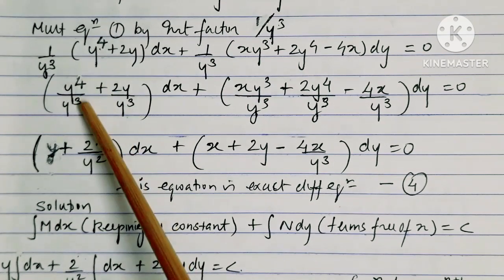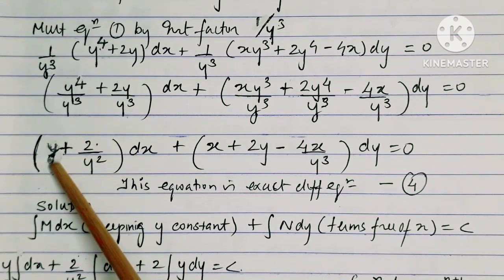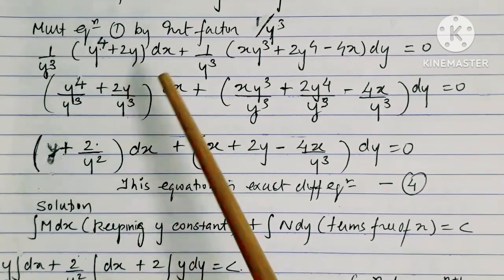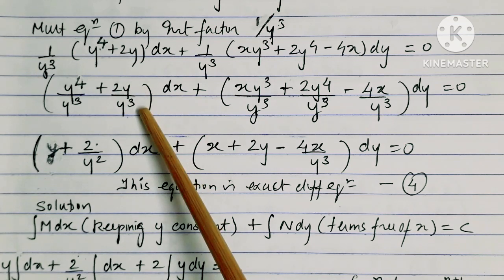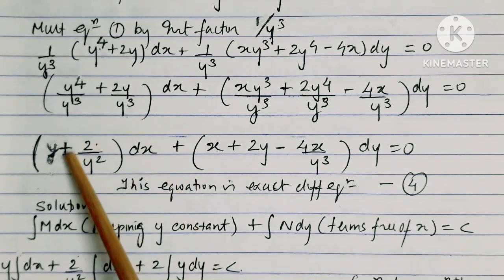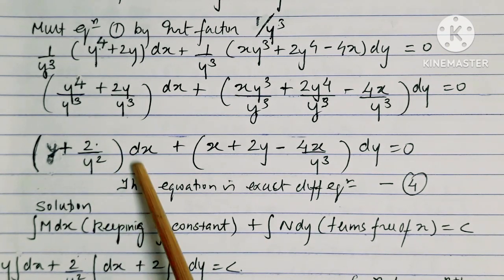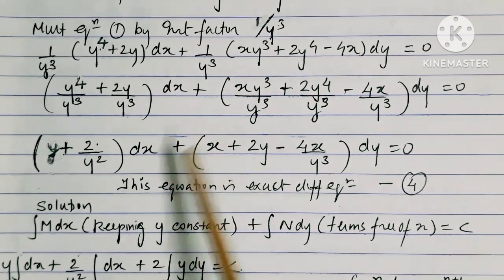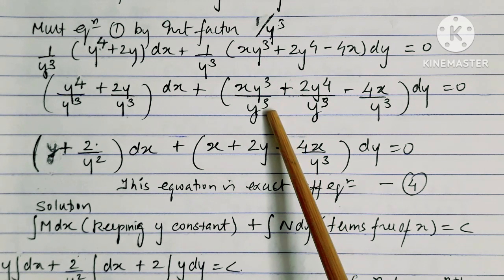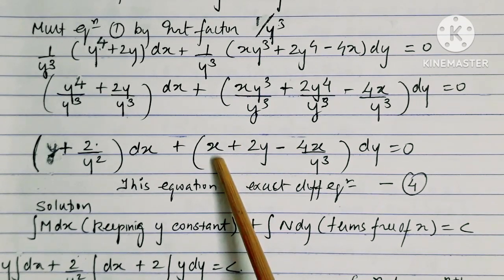Now, y cube will cancel out each other in the numerator and the denominator, and only y will be left behind. Plus, here y will cancel out each other in the numerator and the denominator, and what would be left behind is plus 2 by y square dx plus here y cube will cancel out each other in the numerator and the denominator, and only x will be left behind.